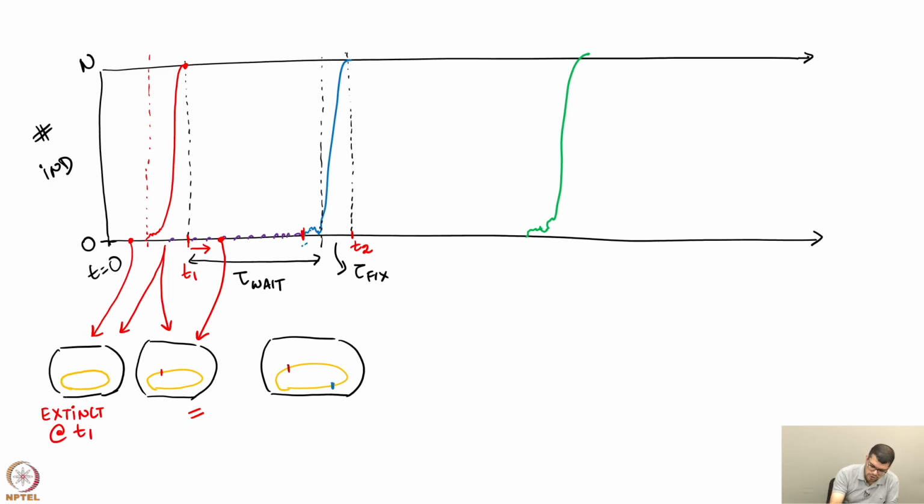So, in this window of time, these two genotypes are coexisting, this one and this genotype which is carrying 2 mutations, up until time T2.